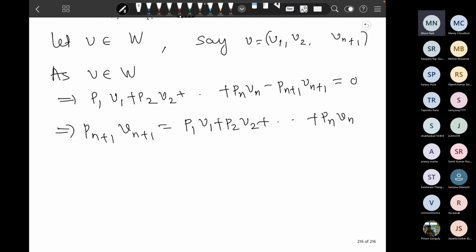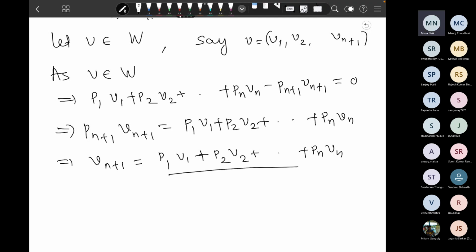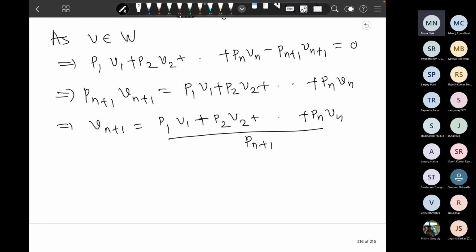Now P_{n+1} is greater than or equal to 1, so I can divide: v_{n+1} equals (P1 v1 plus ... plus Pn vn) divided by P_{n+1}. So if you fix the coordinates v1, v2, ..., vn, then v_{n+1} is fixed.